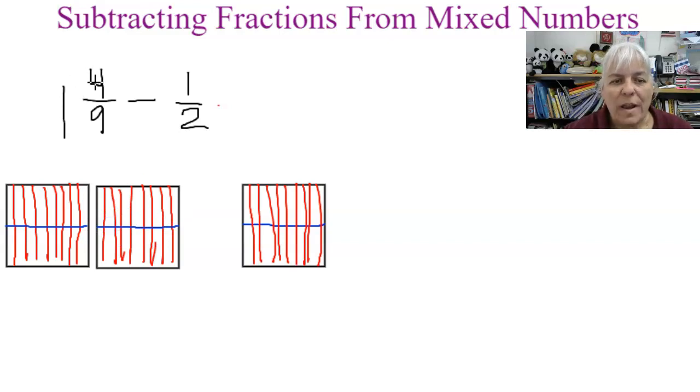So I have 1 and 4/9. So I'm going to try to do this carefully. I have this whole one, which is the 1, and then let's see, it goes across to here to go to 4/9.